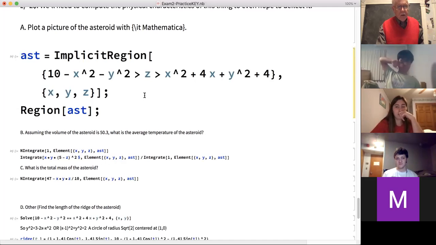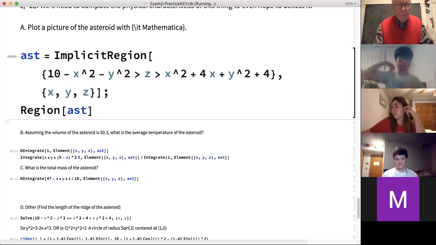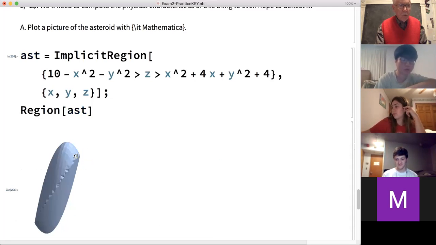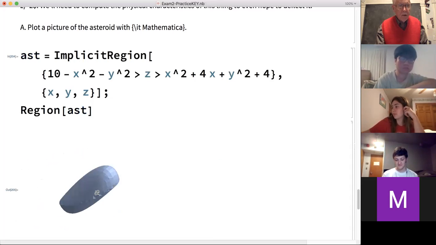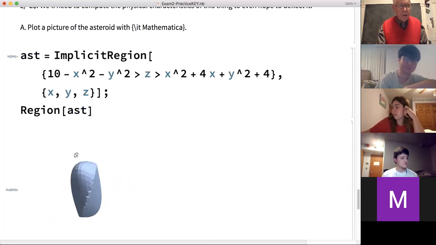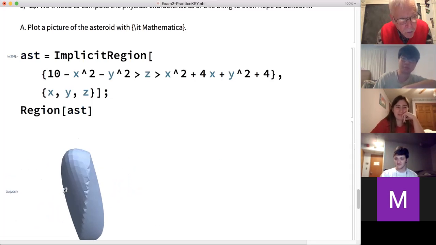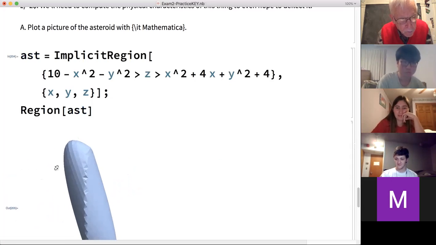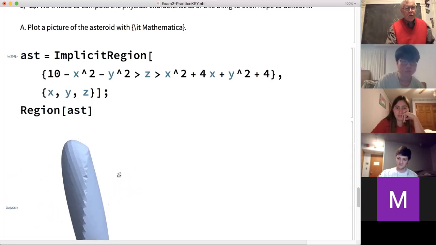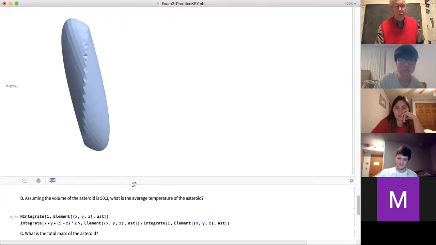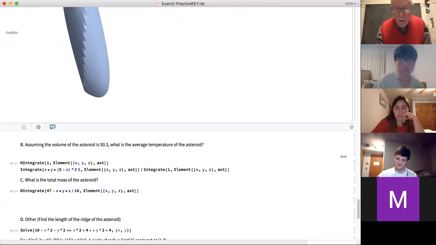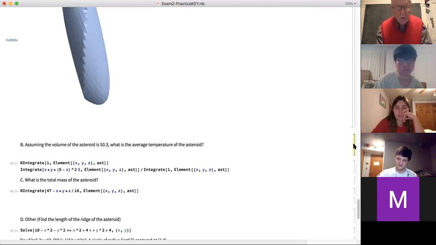So this is easy to define in terms of an implicit region, and we can take a look at it. If you do, you get this sort of thing, kind of looks like a blue whale here, or some kind of weird pill, but notice that it's got a ridge on it between those smooth surfaces, kind of as a top and a bottom, the way we're looking at it. So there are several things that might be interesting to find.